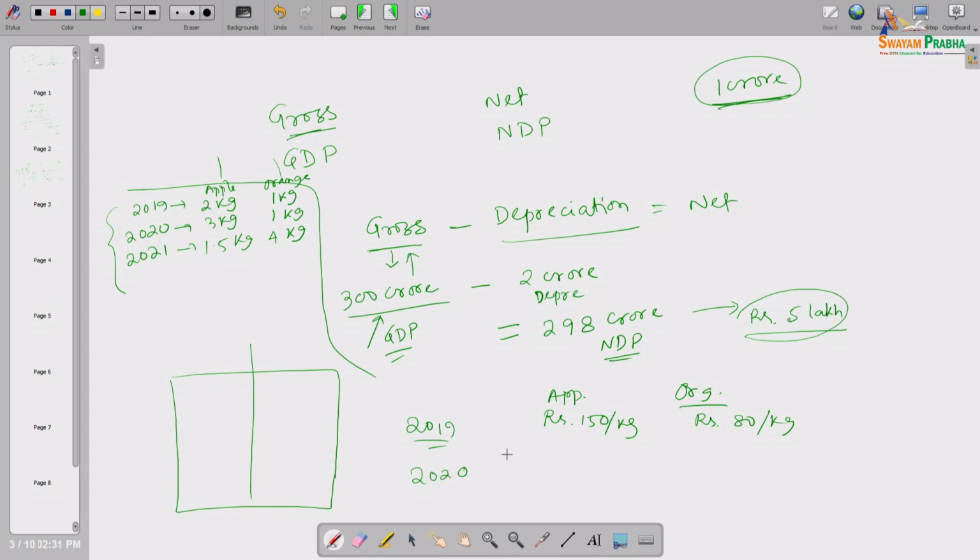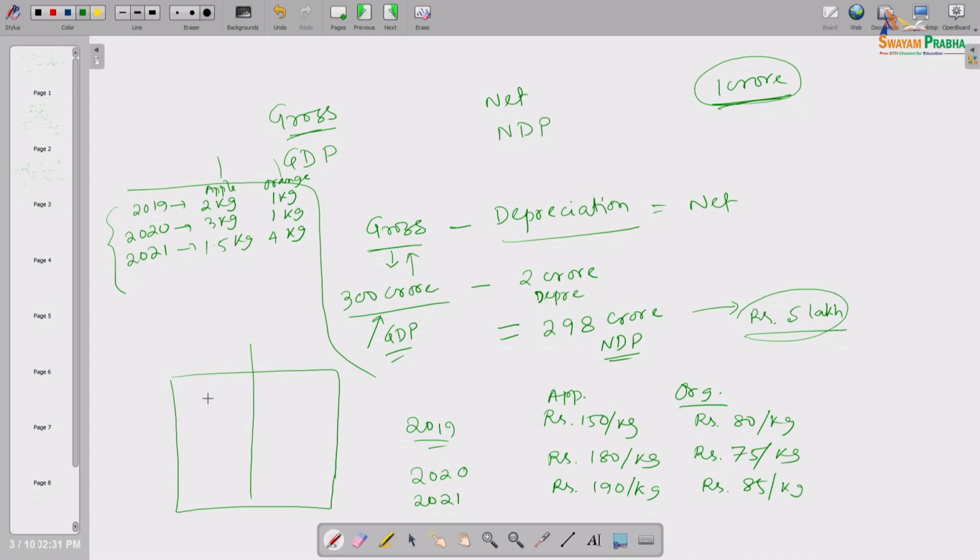In 2020, apple price becomes rupees 180 per kg and orange price becomes rupees say 75, a little bit false, suppose. In 2021, apple price rupees say 190 per kg and suppose orange is 85 per kg.